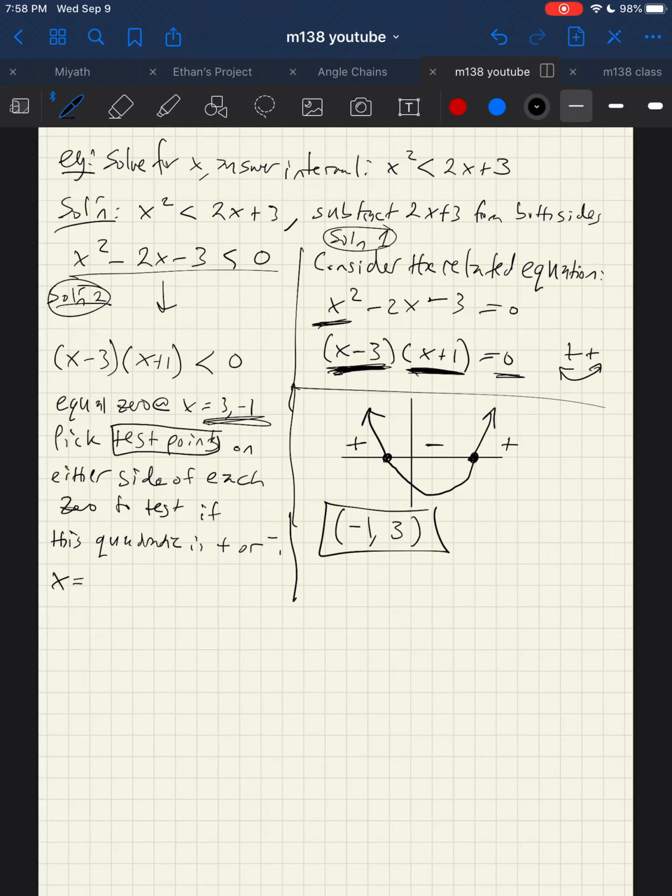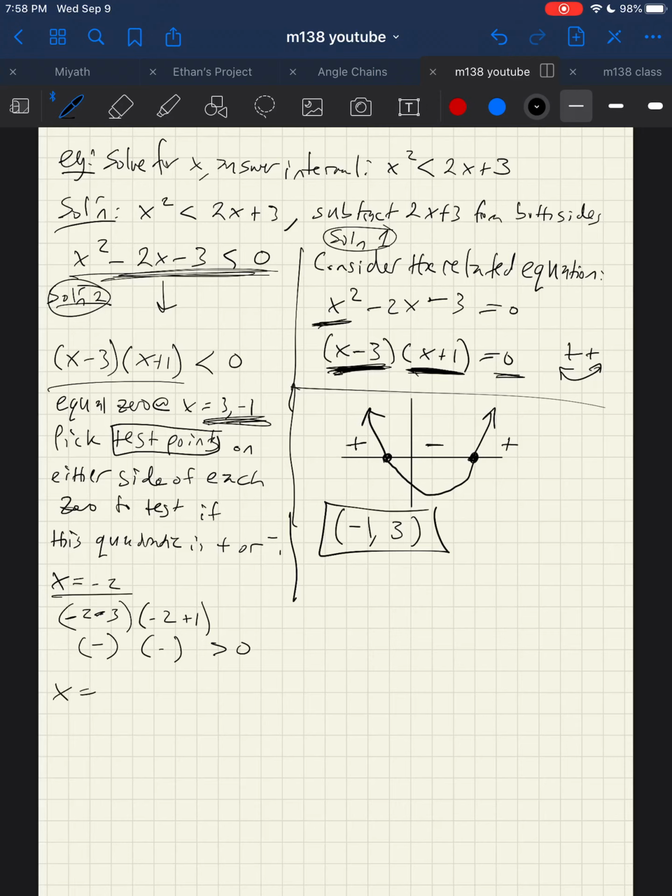So let's plug in something less than -1. What if x equals -2? Well, then this product is -2 minus 3 times -2 plus 1. This is a negative times a negative, and that is positive. What that tells me is the interval less than -1 is not going to be negative. It's going to be positive, so it's not something that I want.